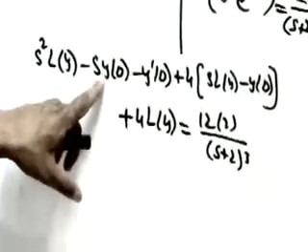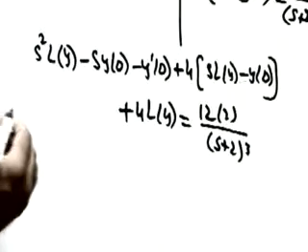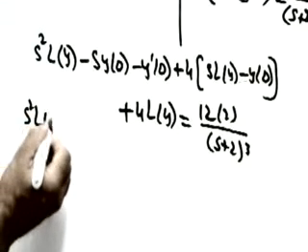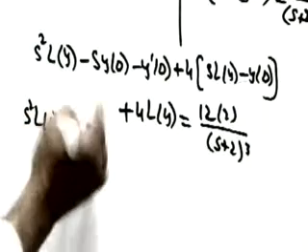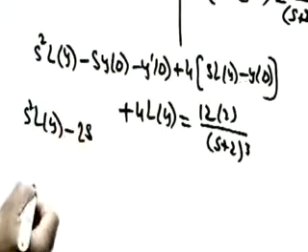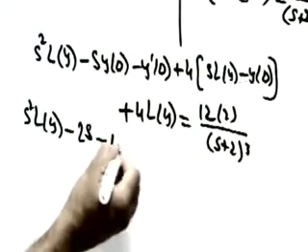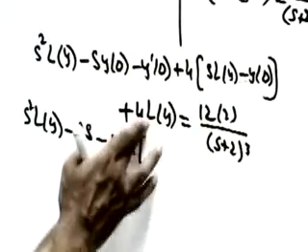Now let me write the values from the question. Y naught is given as 2 and y dash naught is 1. So let me substitute this. S square Laplace of y minus s into y naught, which is 2, minus y dash naught, which is 1.